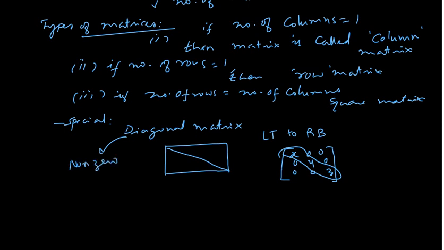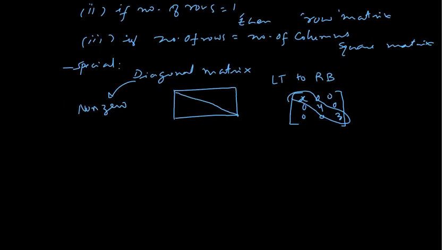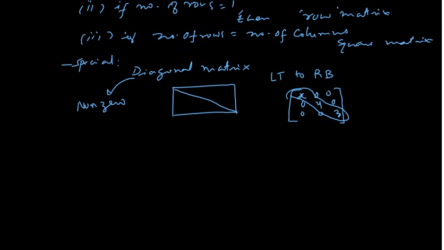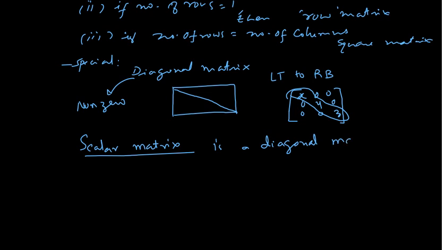Scalar matrix. A diagonal matrix is a scalar matrix if x, y, z are equal. So a scalar matrix is a diagonal matrix where x equal to y equal to z is not equal to 0.